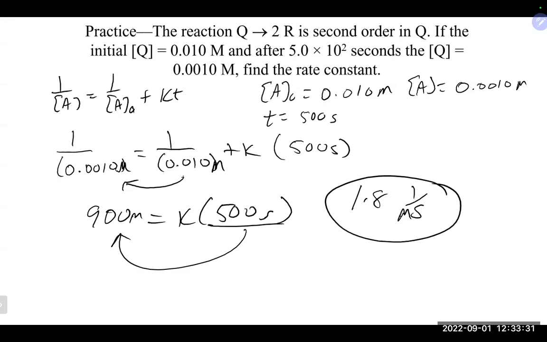Yes, so they will not be provided for you. All those things that I highlighted, you need to know, including obviously the graphs and stuff like that.